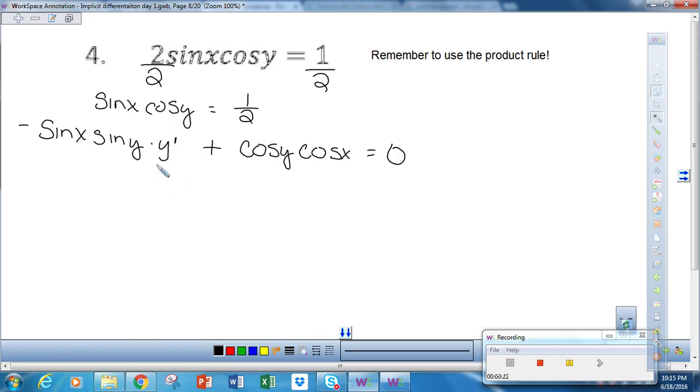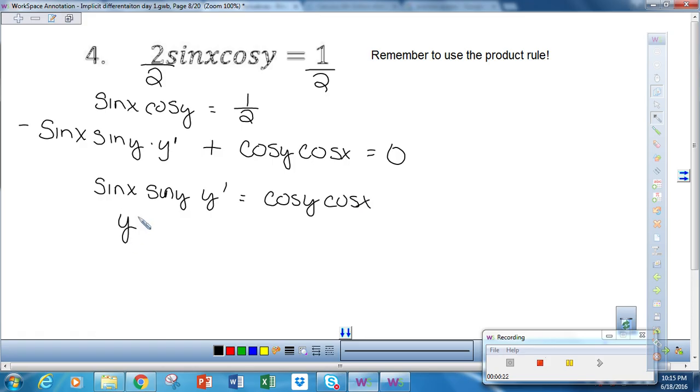So solving for y prime, I'm going to move the cosine y, I'm going to add sine x sine y y prime to the other side, and I get sine x sine y y prime is equal to cosine y cosine x.